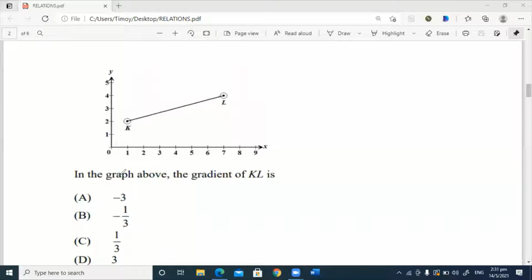In the graph above, the gradient of KL is, there are 2 ways to do this problem. So we want to find the gradient of KL, which is the slope of the line. We know that the gradient is going to equal the change in y over the change in x.